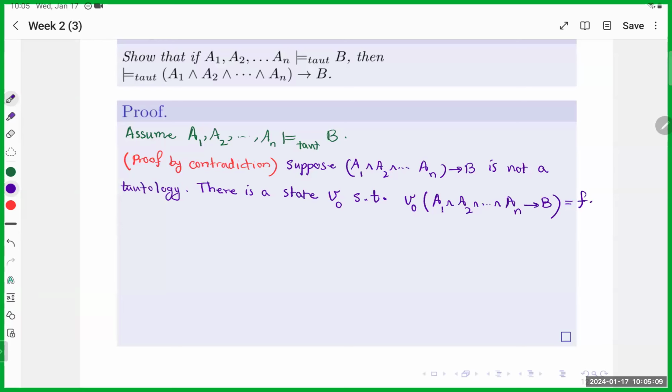Now, this formula implies B. It can only be false if V0 of A1, A2, ..., AN is true and V0 of B is false.